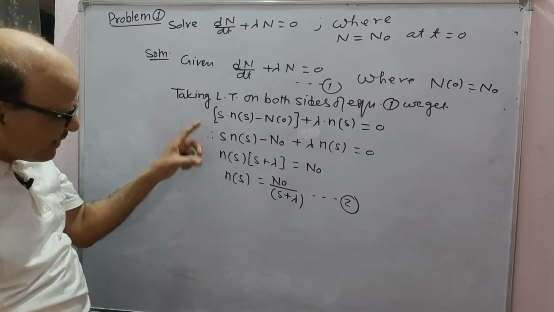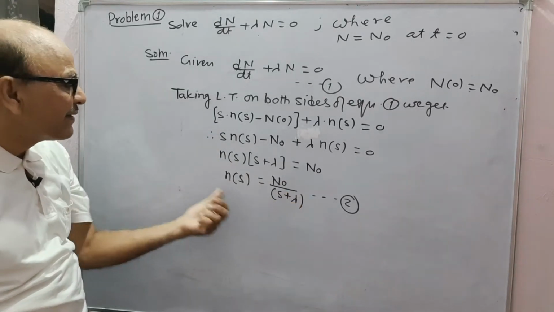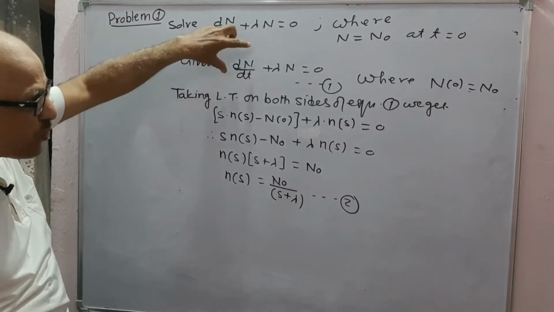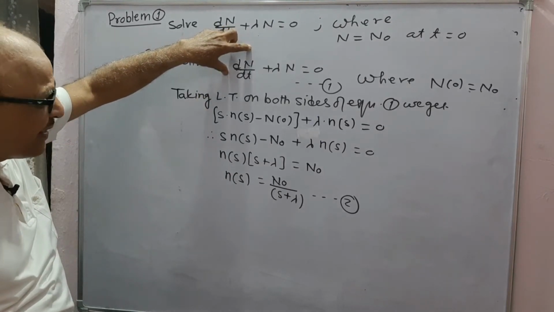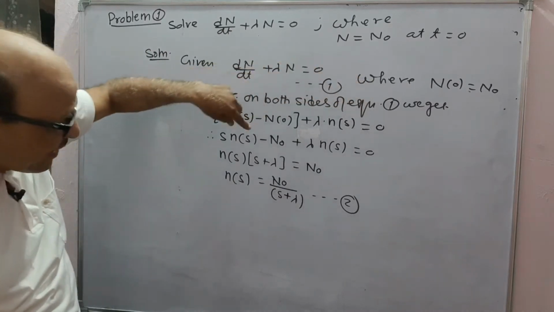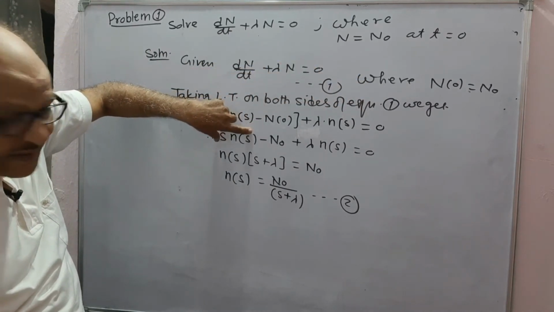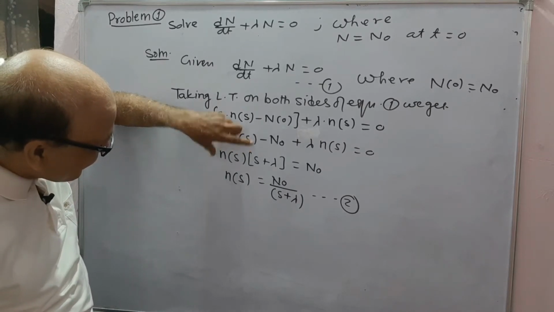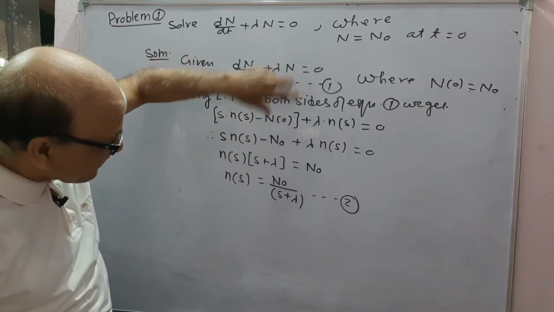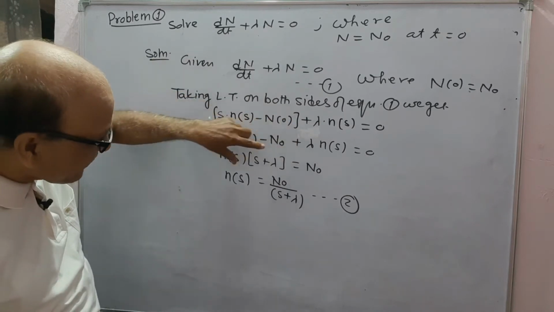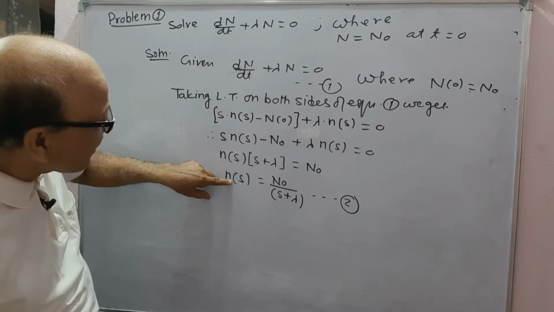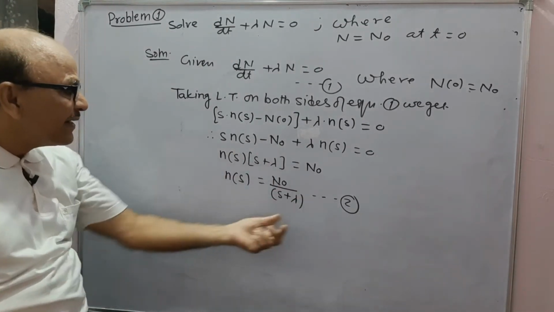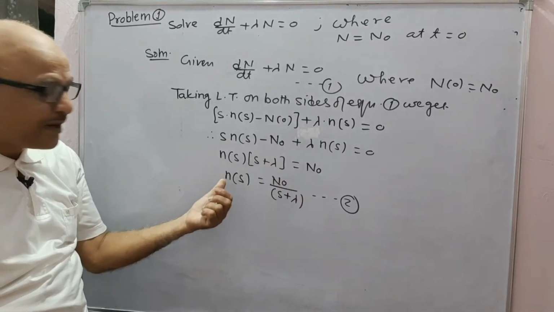This completes step 2, that is, the Laplace transform is taken on both sides of the given differential equation and the initial condition is applied. First step, this converts the given differential equation into an algebraic equation. Now the algebraic equation is solved, and in step 3 its inverse Laplace transform is taken.